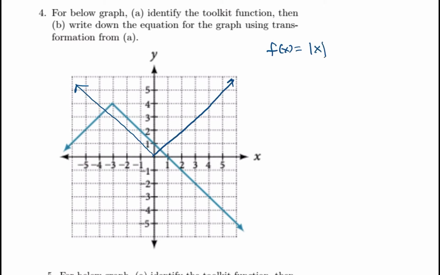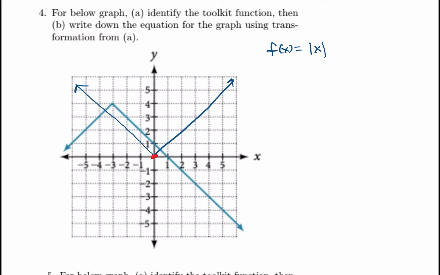Now we need to figure out what happened in terms of transformation. Why don't we reflect first?